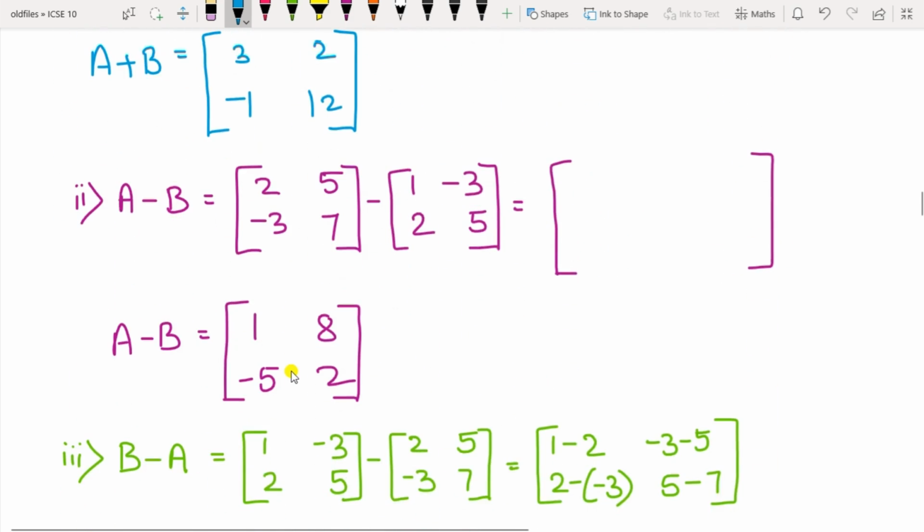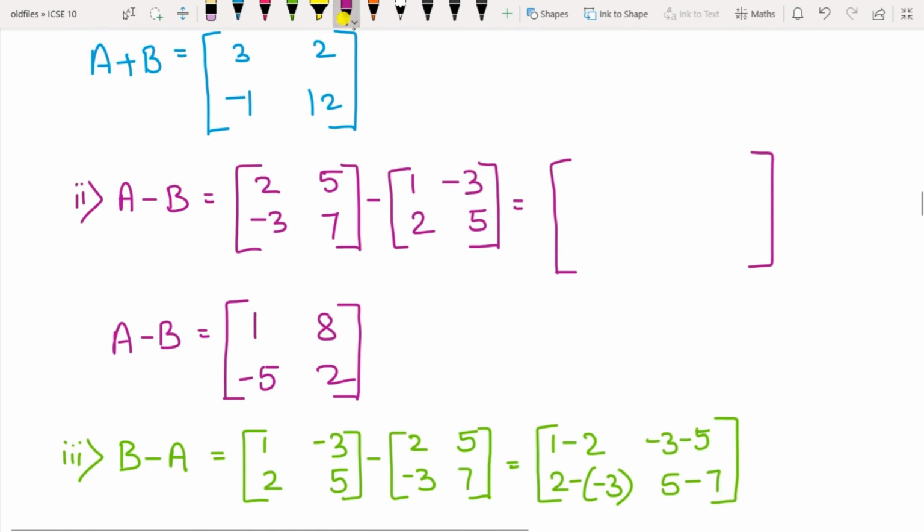Similarly, you have to find A minus B here. So A minus B will be 2 minus 1, subtracting the corresponding elements of both matrices, then 5 minus of minus 3, minus 3 minus 2, and 7 minus 5. So you get 1, 5 plus 3 is 8, minus 5, and 7 minus 5 is 2.